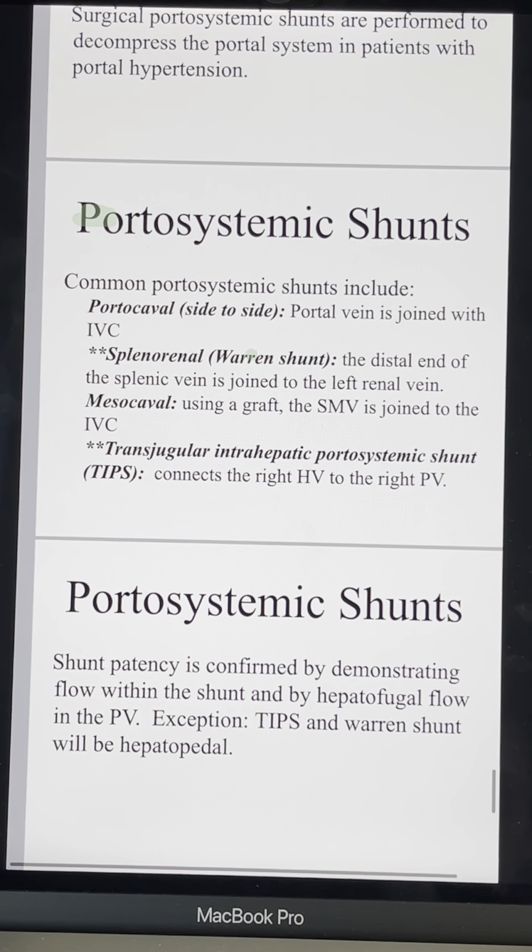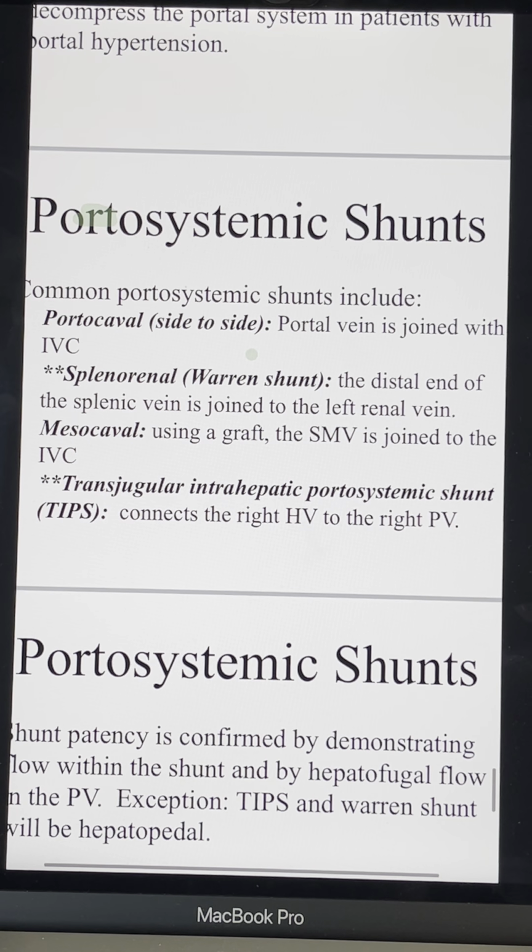This will help you later on when we talk about Warren shunt. When we talk about Warren shunt, the portal vein blood is hepatofugal, away from the liver.